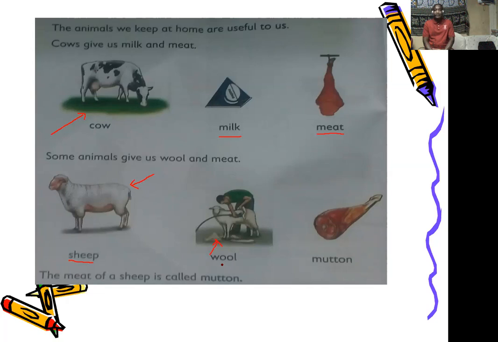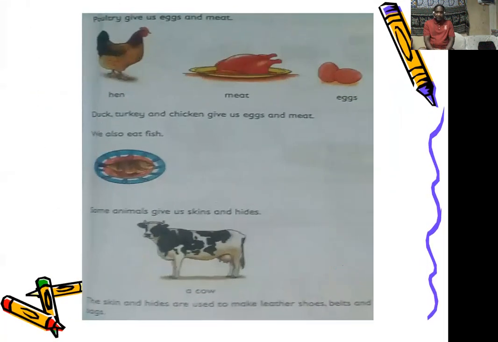Also, another product we get from sheep is mutton. Mutton is spelled M-U-T-T-O-N. Pupils, mutton is the meat from sheep. The meat of a sheep is known as mutton.